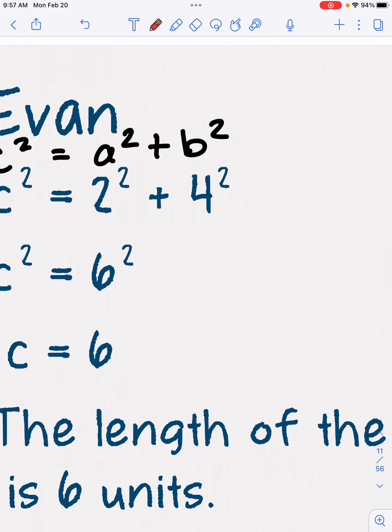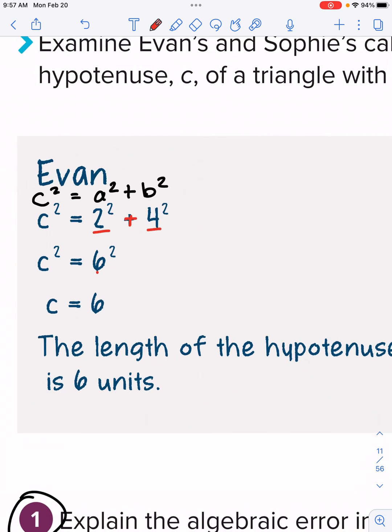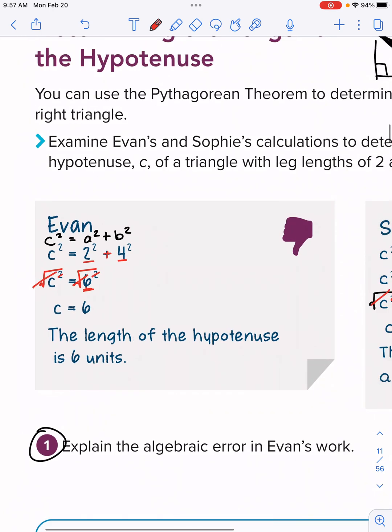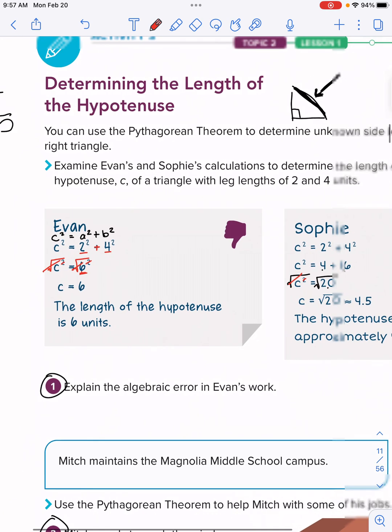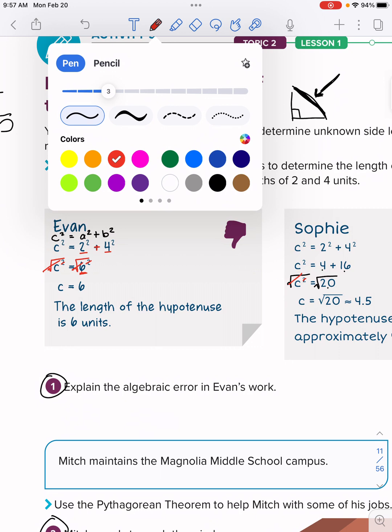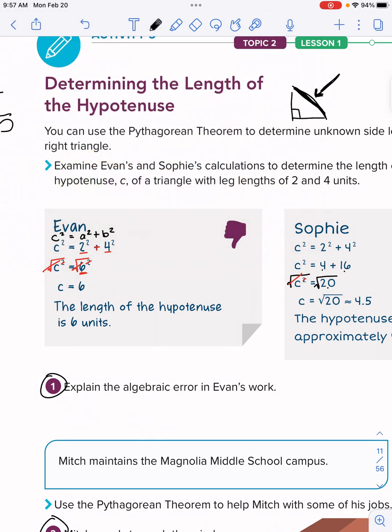Now here, something else happens. What Evan did is he added the 2 and the 4 to get 6, and then took the square root of both sides, and we know that the square undoes the square root. We're left with just our radicand of 6. So that does not work out. In this case, we are supposed to square the numbers and then add.